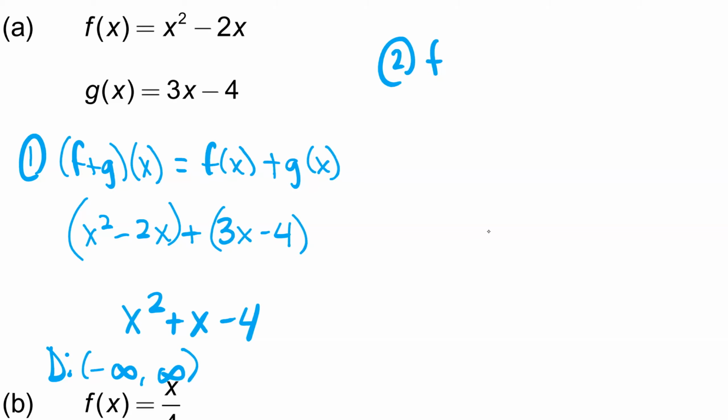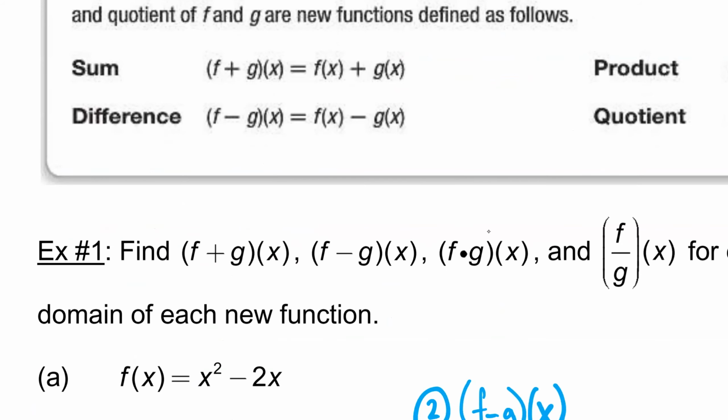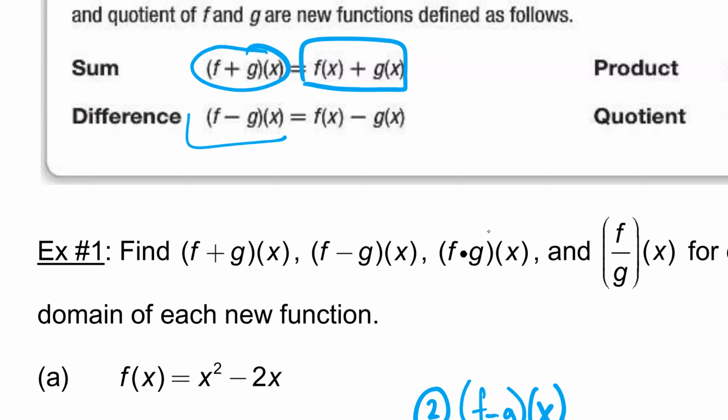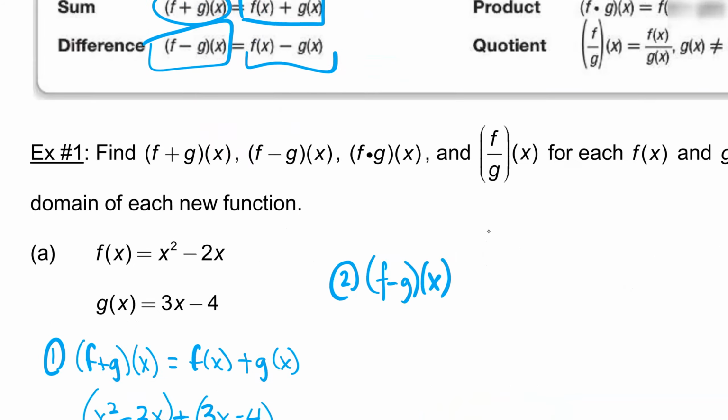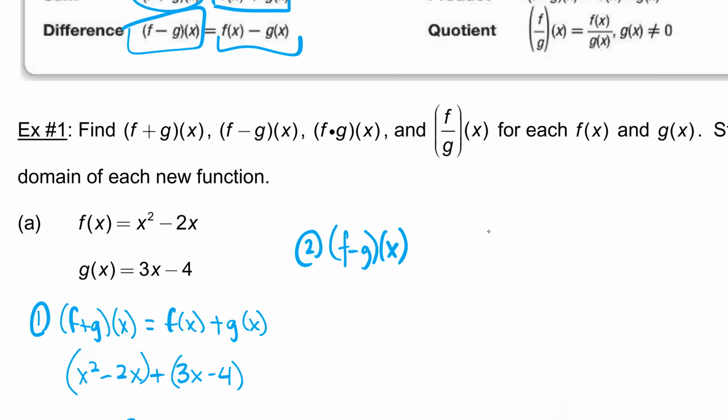Let's do the second one. f minus g of x. If you look up here, f plus g of x is the same thing as just adding them. f minus g is the shorthand, it's just the notation. So if we're doing f minus g of x, all we have to do is take f of x and subtract g of x.